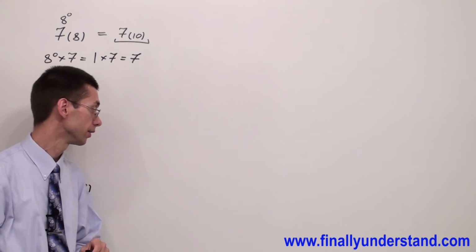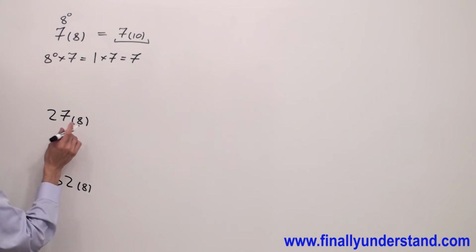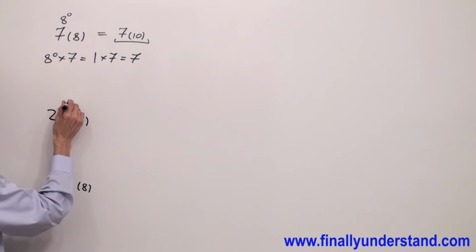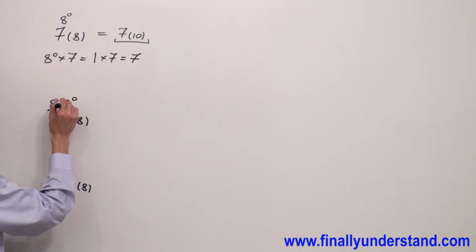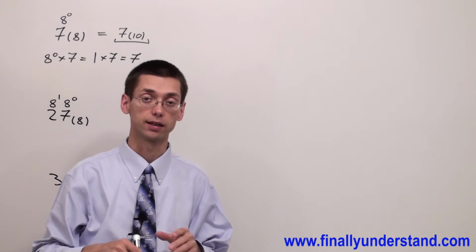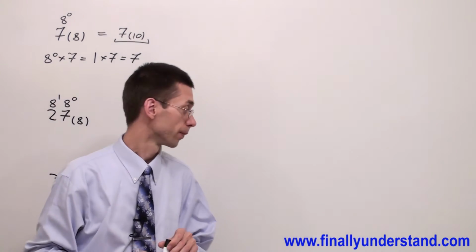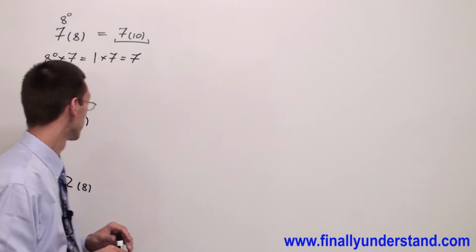We have 27 base 8. We have 2 digits this time. Again, what we're supposed to do is write the base over every single digit. Next, we're supposed to write exponent 0, 1. This is exactly the same procedure as we had with hexadecimal numbers when we were converting them to decimals.